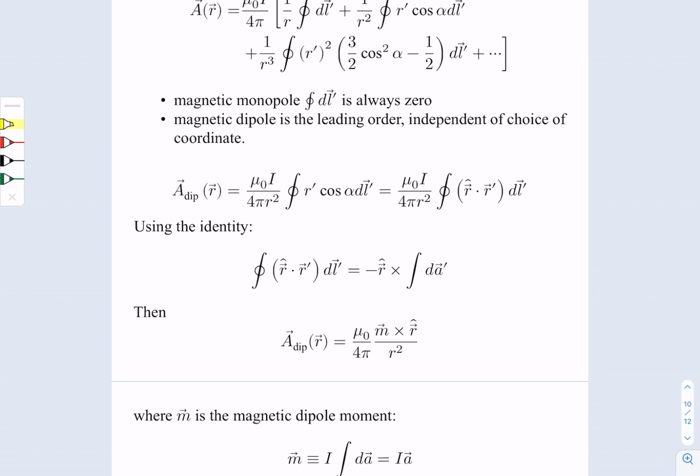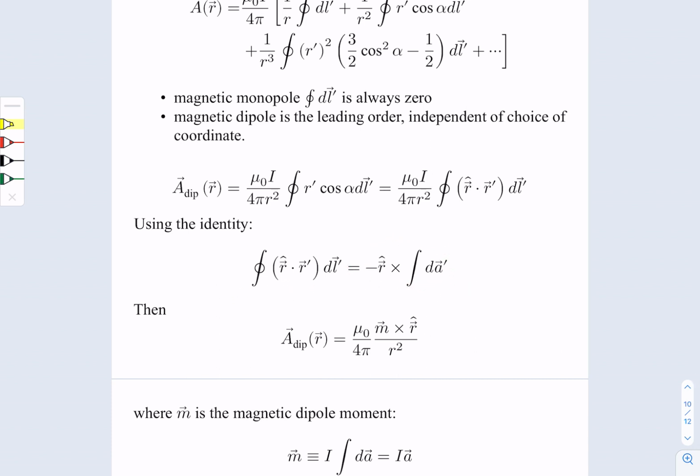And right now you have to believe me that the integral on the right can actually be written as a term like this. So here the r vector is being pulled out of the integral, because this integral is an integration over r prime, and somehow you have to change this dot product to a cross product.